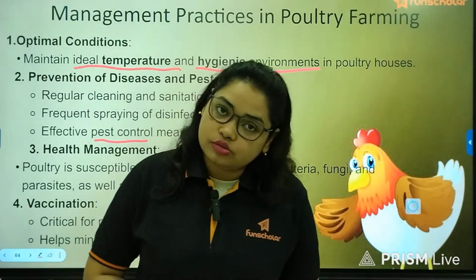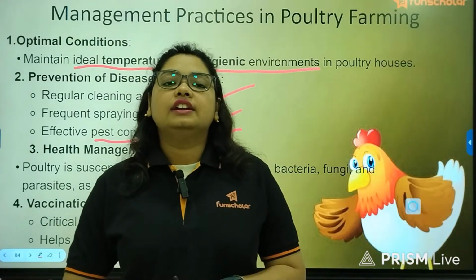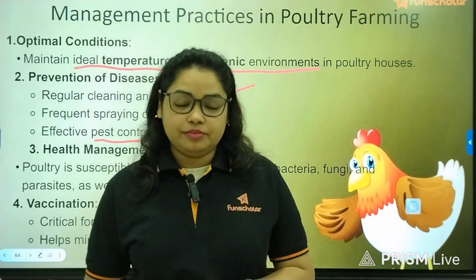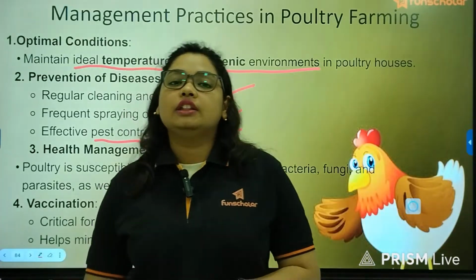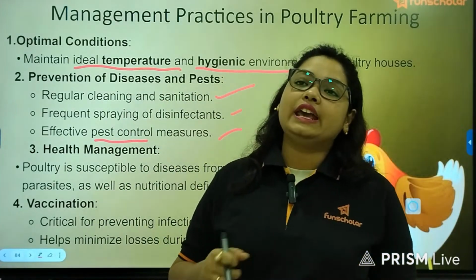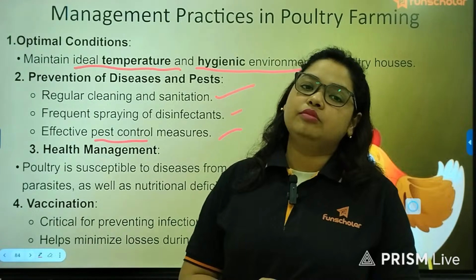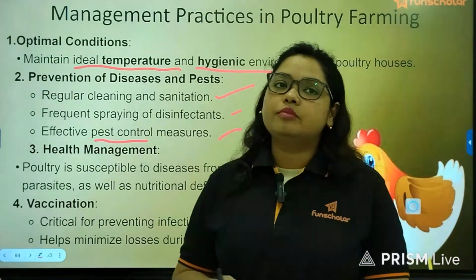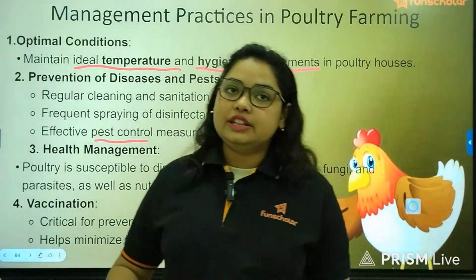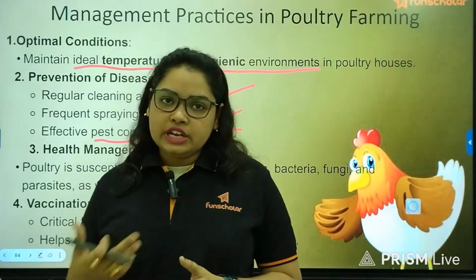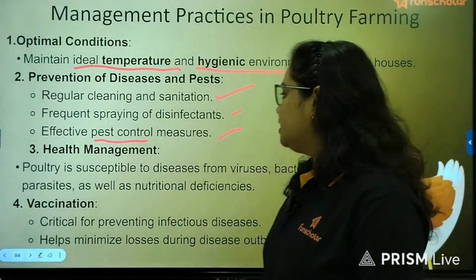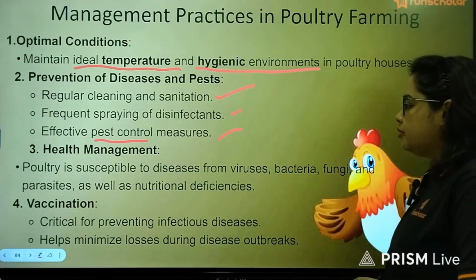It can kill the fowls and it can damage their physiological system. Maybe from the next time they won't be able to lay eggs in the stipulated time, they may not be able to respond properly, they may leave feeding. So these all symptoms can come up due to the chemical damage.